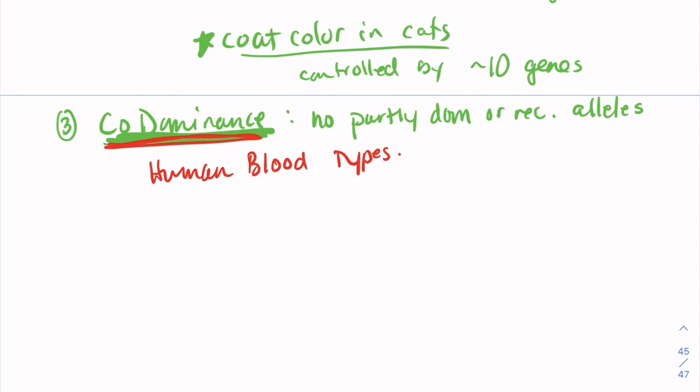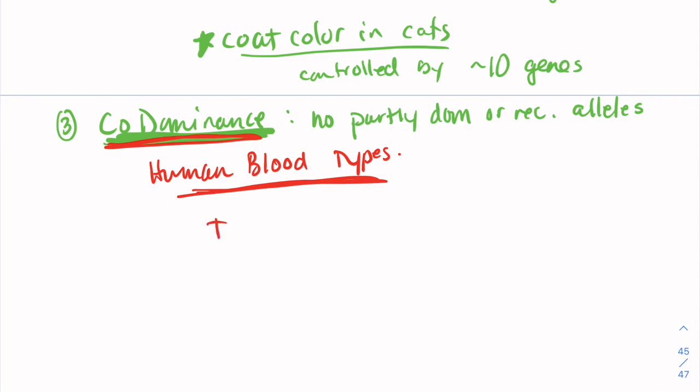If someone with one type of blood receives the wrong type, you can get really, really sick. And that's because you have an immune reaction against receiving the wrong blood type. So human blood types have to do with your immune system. So you have to be really careful about this. So there are different types of blood.